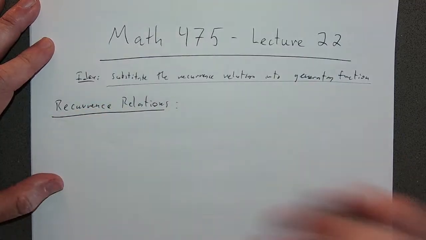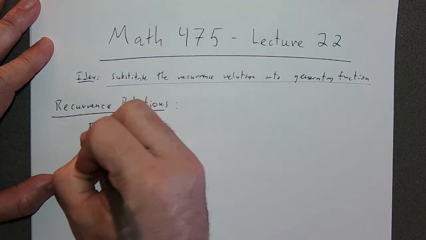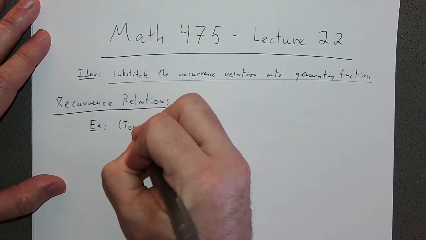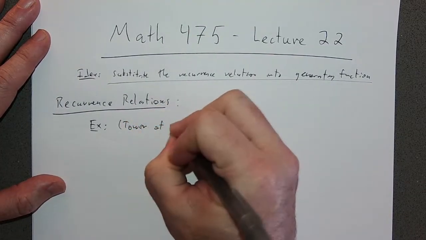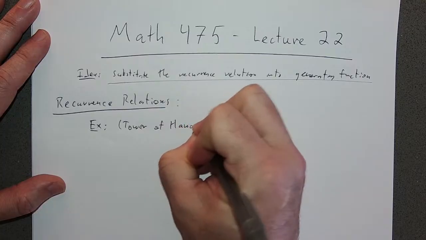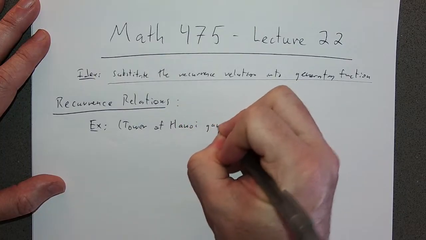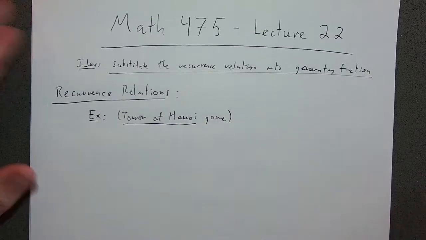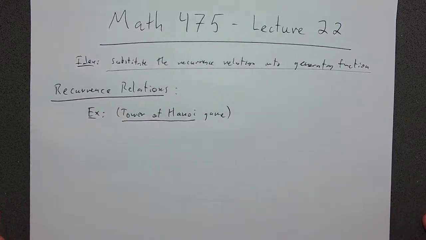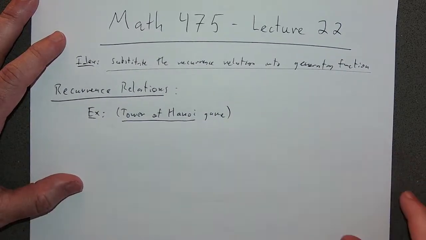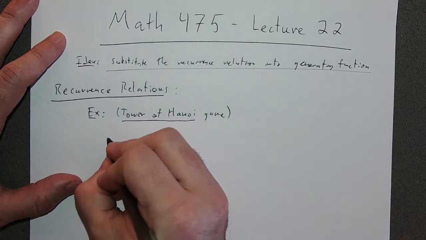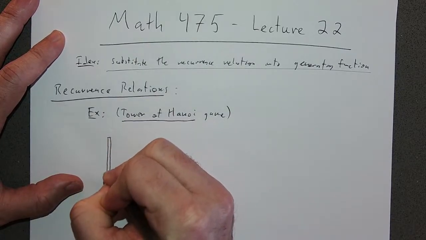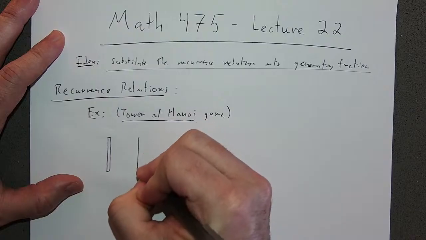Our first example illustrating this will be the Tower of Hanoi game. What is this? You may have seen this before. The idea here is you have 3 wooden poles or stakes.